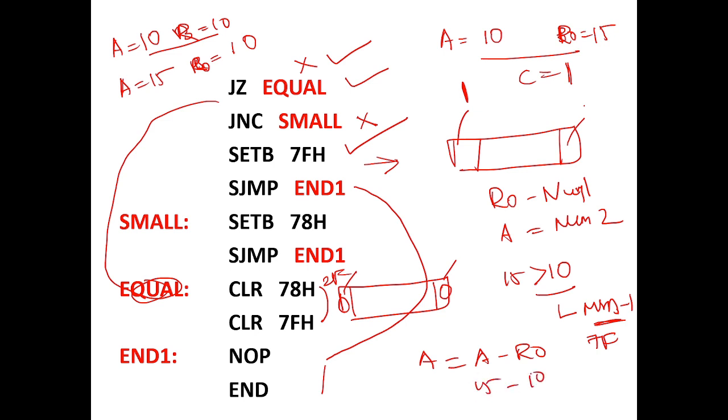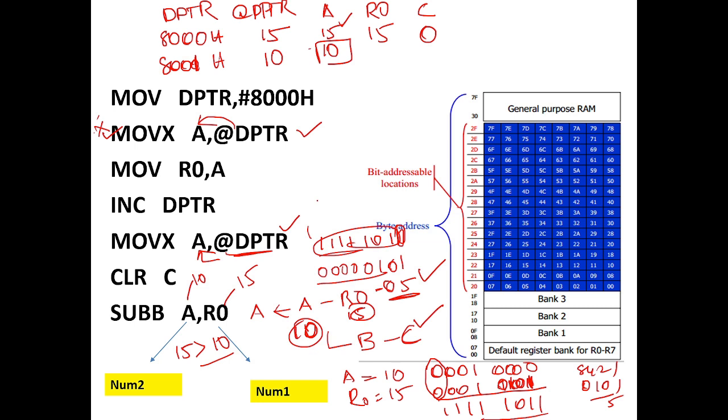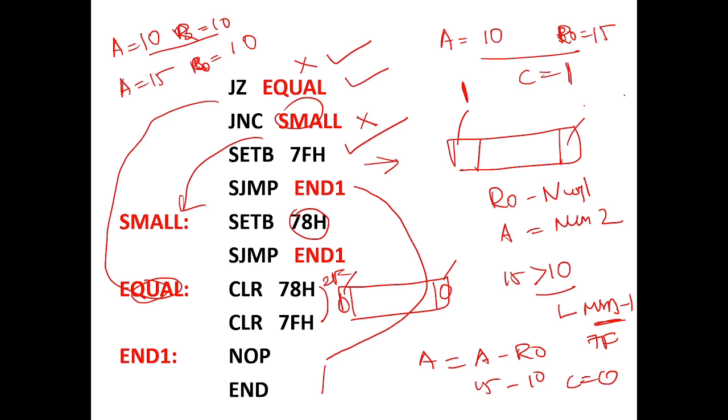So higher number, there is a lower 8 bit. So carry will not be set, 0. So jump if carry is not set. So you need to go to the small and you need to set 78. Where is the 78? 78 is your LSB. So I need to set it as 1. Okay, so this is the way how your program is working.